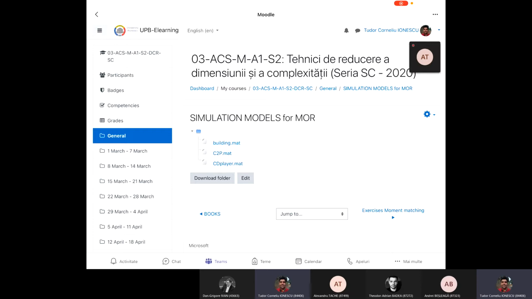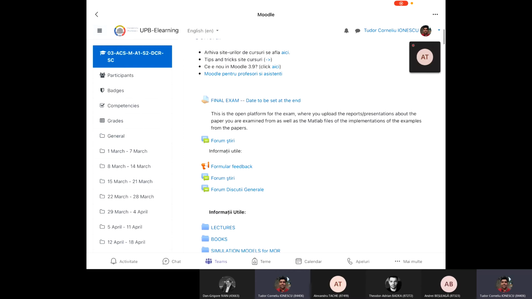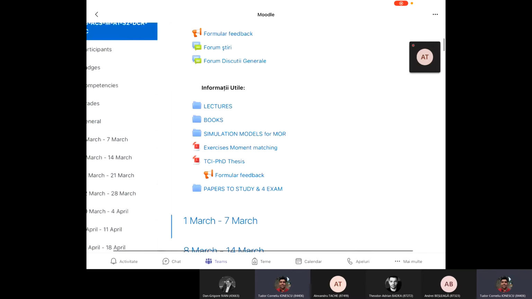They are in the MAT format. So the data about each of these systems is collected in a MAT file, which you're going to have to use in MATLAB later on for your assignments. Then you've got a couple of exercises here.